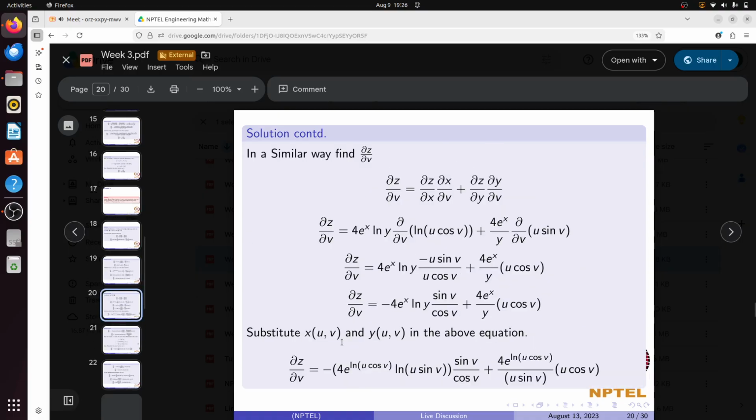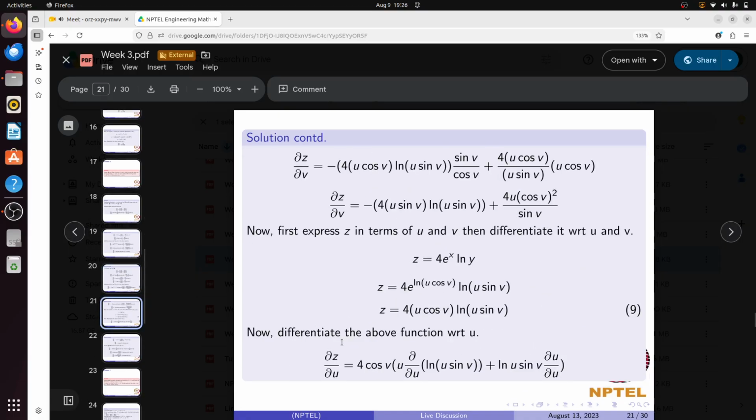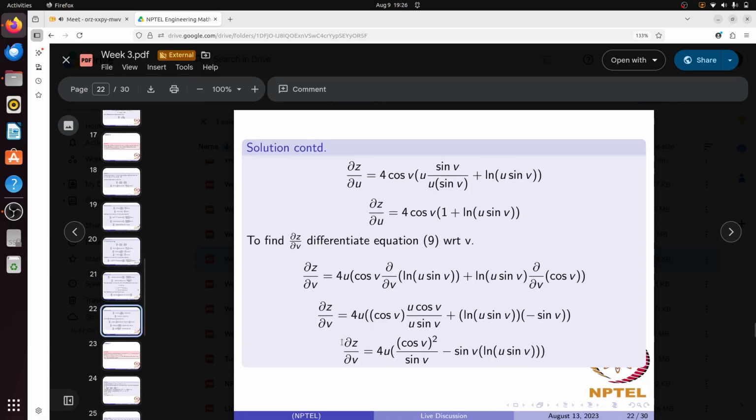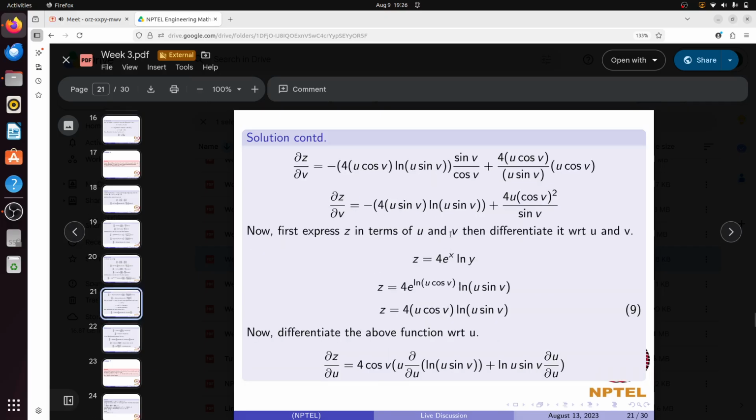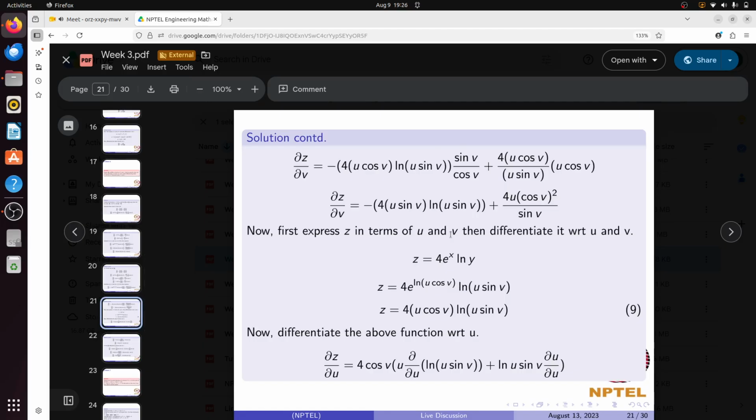It is a very lengthy question, so the final answer will give you this. Del z del v will be 4u cos v square by sin v minus sin v ln u sin v, and del z del u equal to, here I have just put it. Okay, so by putting I can discuss.